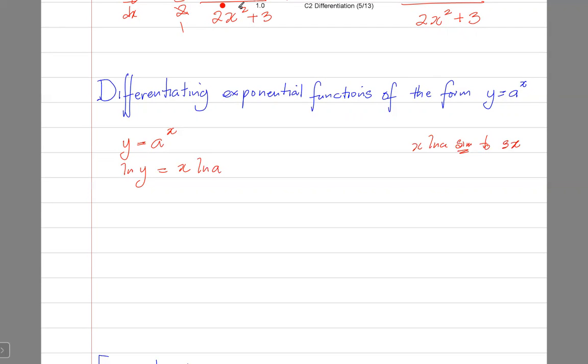In both cases, it is a number multiplied by x, because ln a is just a number. a is a constant and ln a is a constant. So it's just a number multiplied by x. When you differentiate 3x, what do you get? Help me now. When you differentiate 3x, what do you get? 3. So if I differentiate x ln a, what do I get?